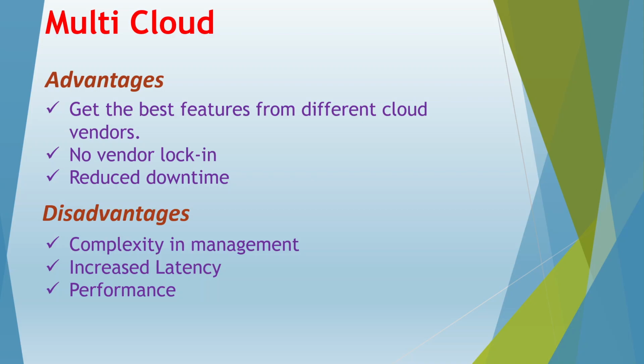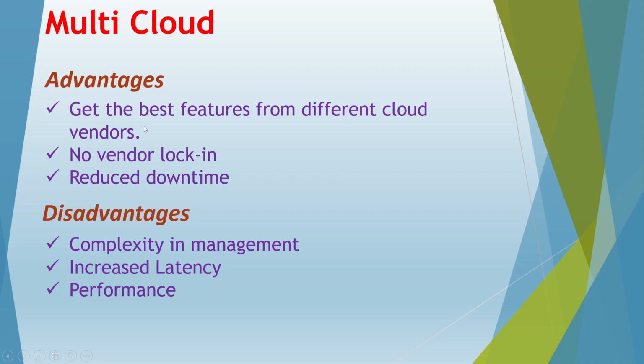If you want to deploy an application and you feel the AWS PaaS service is more highly available or scalable, then you can use AWS Elastic Beanstalk. Suppose you feel that Azure SQL instance is more powerful or high performant than AWS, then you can use the Azure SQL instance from Microsoft Azure.